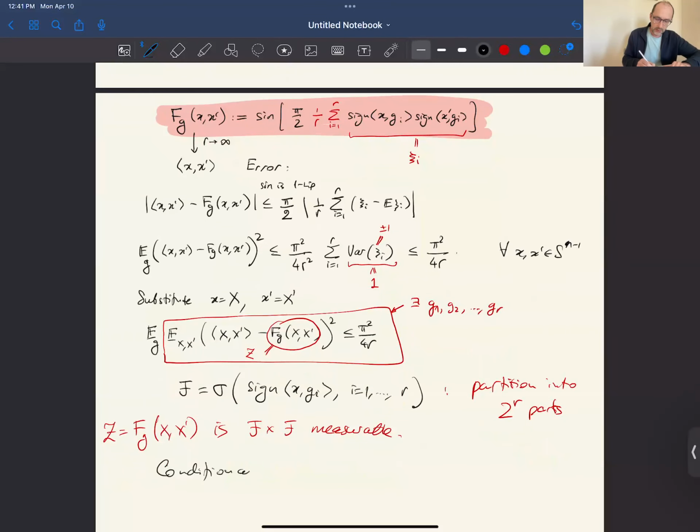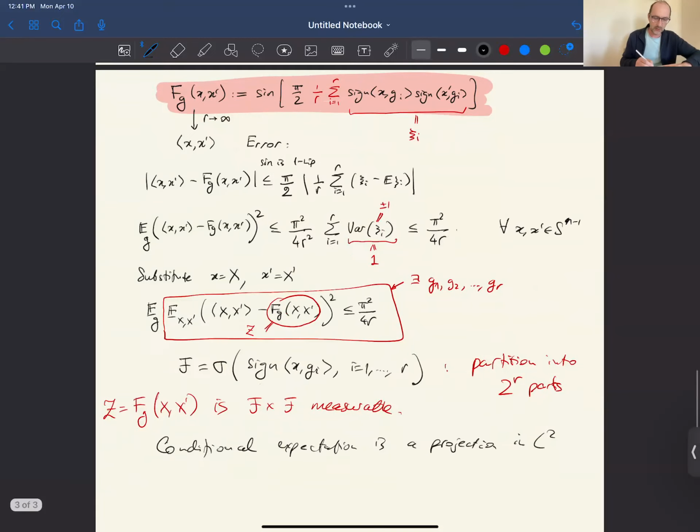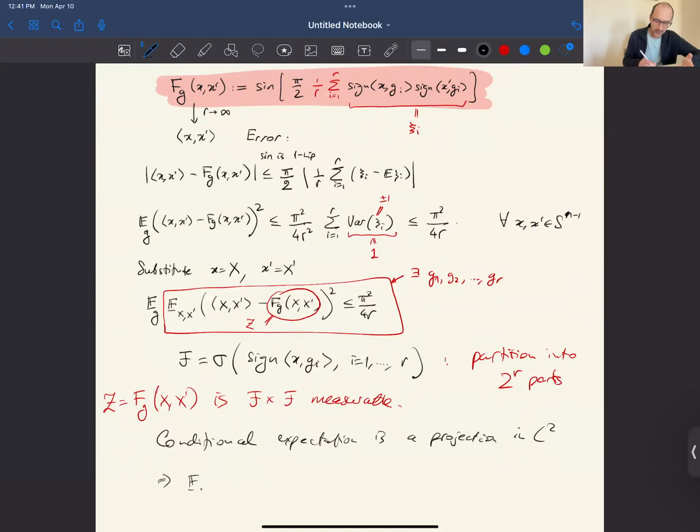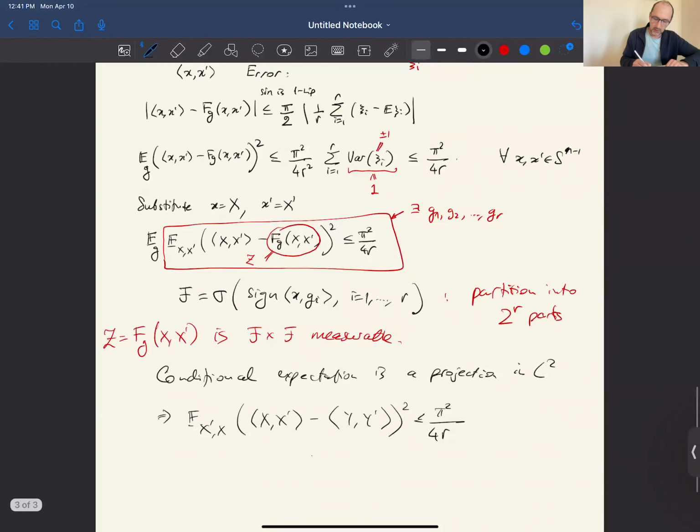So the conditional expectation is an orthogonal projection in L2, which basically means that it's the best possible approximation. So if we have an approximation with something measurable here, we must have an even better approximation with the conditional expectation of x given f.